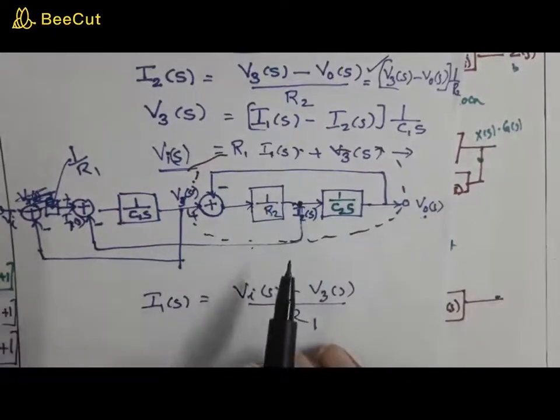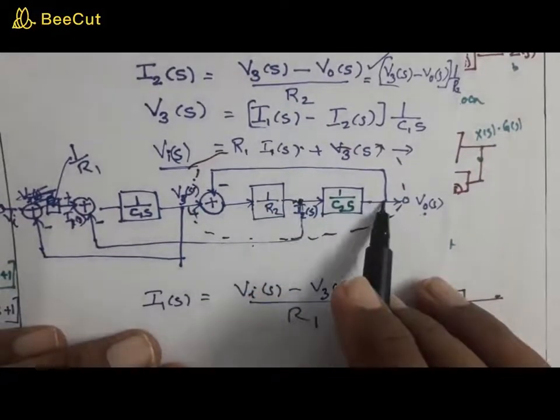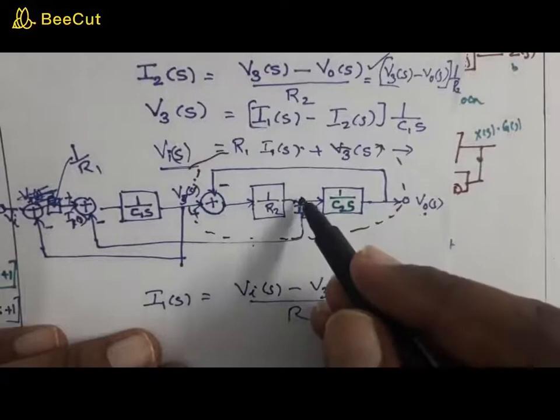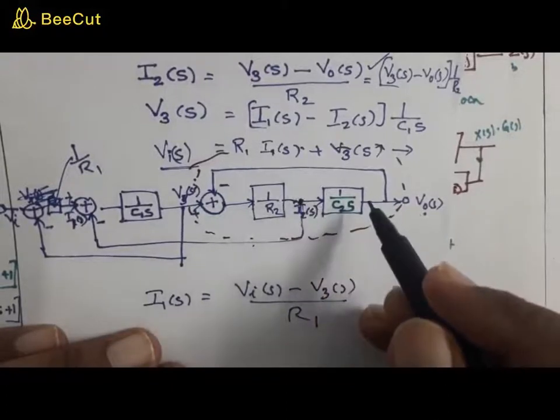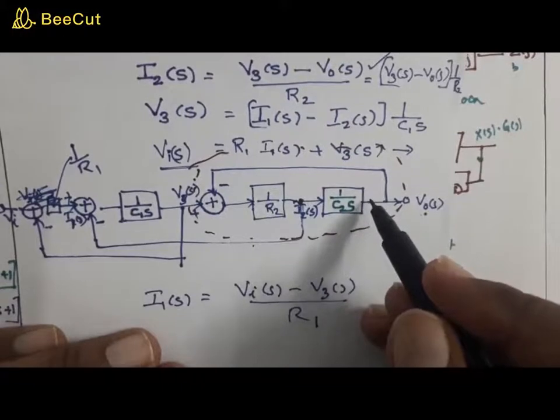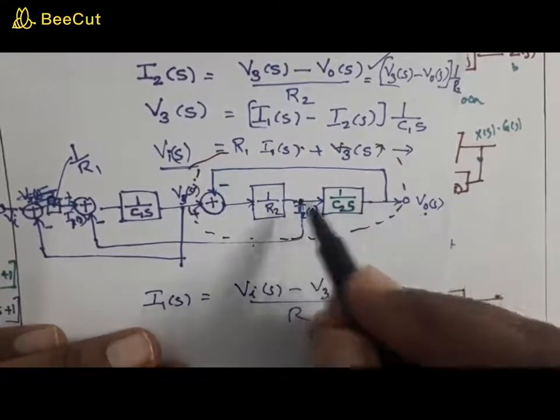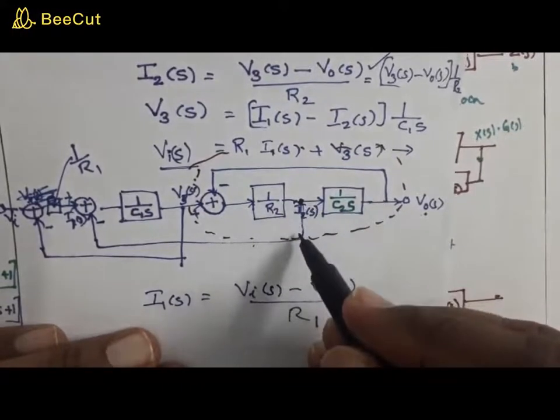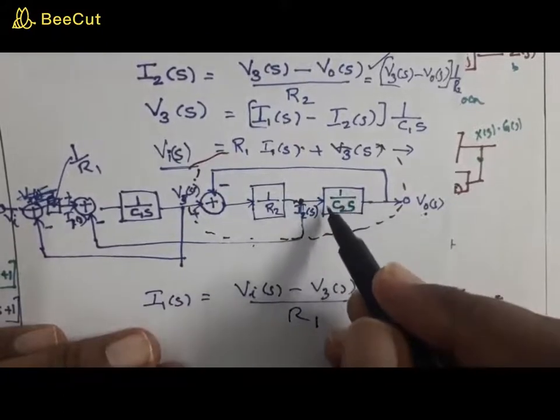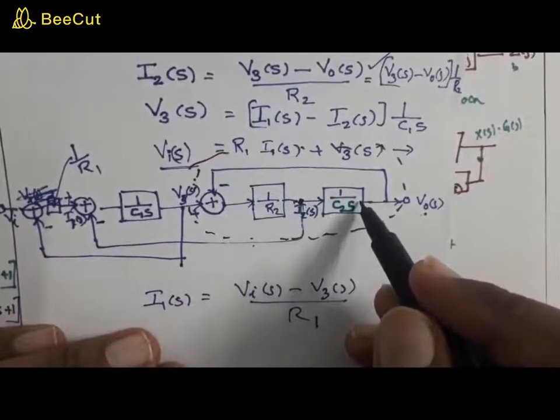So what if I change this to this side? That is, you are changing the takeoff point right past this block. Now when you do this, what is this signal? The signal should not have any effect of 1 by C2s, right?